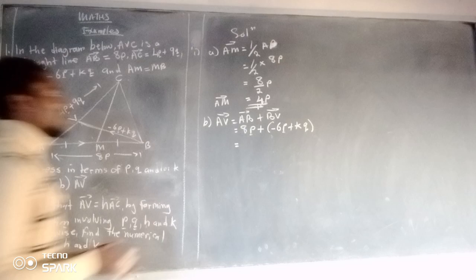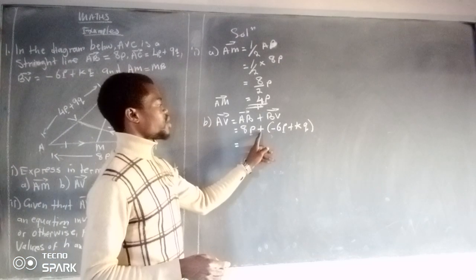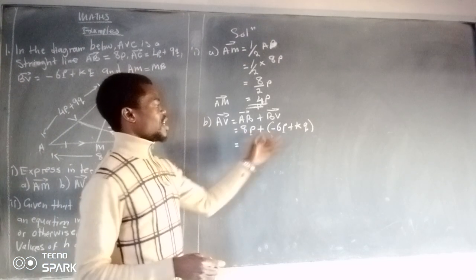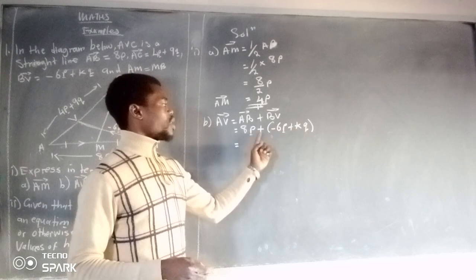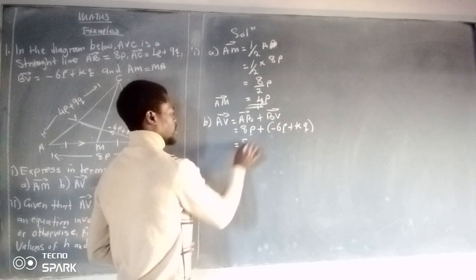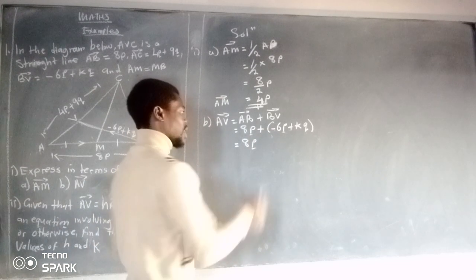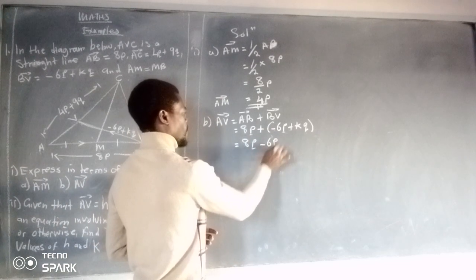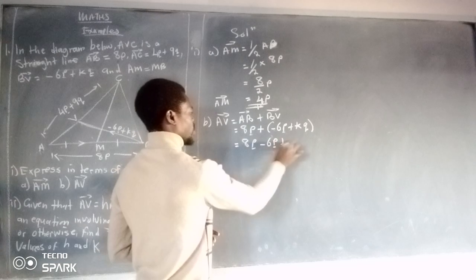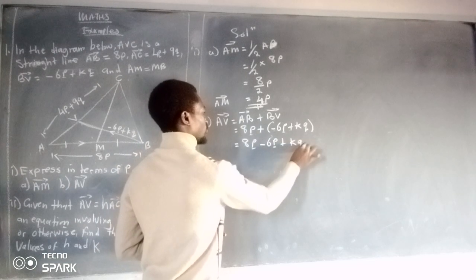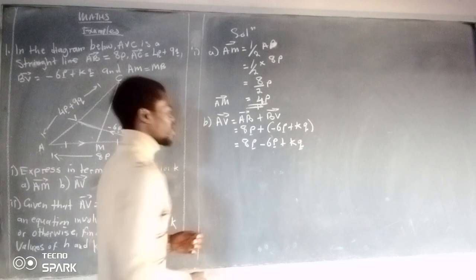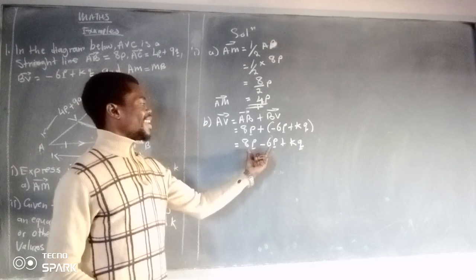So now we're going to multiply everything in the brackets with a positive. So we have 8P, positive times negative will give you a negative 6P, positive times positive is always a positive KQ. So this is what we have. And then you can see that these are like terms.